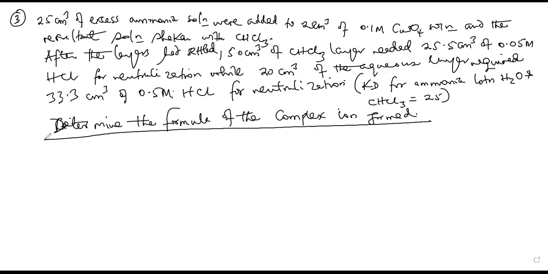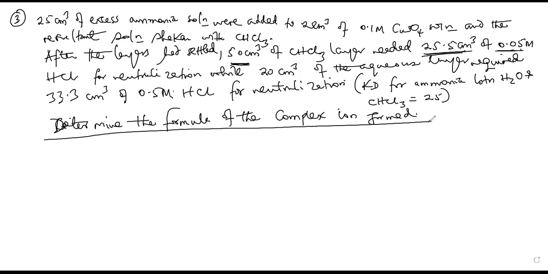But you should be knowing the steps to take. You need to first get the concentration of ammonia in the organic layer. Since they have given you what the organic layer required, 50 cubic centimeters of the organic layer needed 25 of 0.05 molar hydrochloric acid.